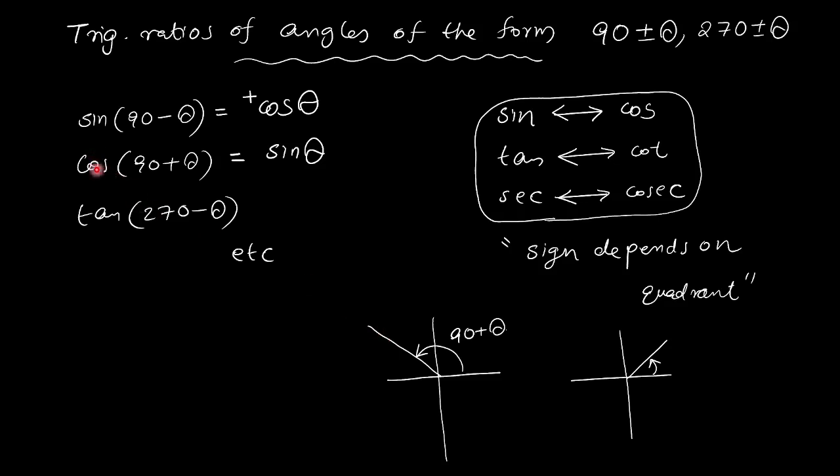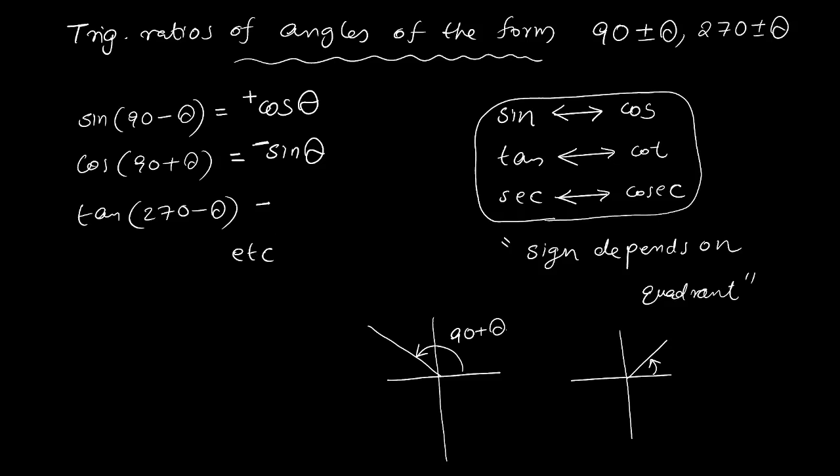So I want a negative answer, so I have to put a negative sign. So 90 plus theta, second quadrant, cos of the second quadrant is a negative number. So the right side should have a negative sign.